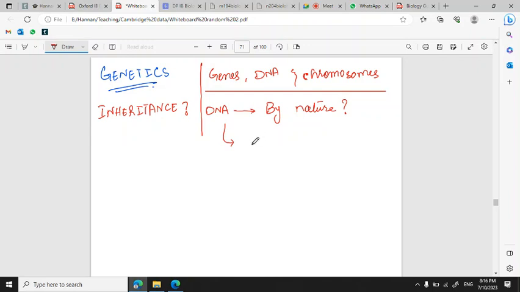All right. First of all, keep this thing in your mind that DNA is a molecule. DNA is not just a molecule, it is one of the large molecules.